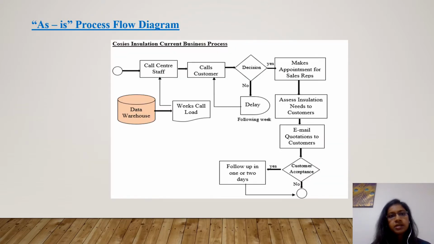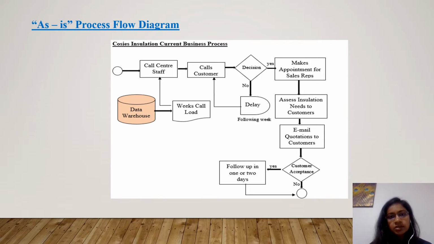And next is the as-is process flow diagram. This as-is process flow diagram shows the process that's going on in the current business, like in the CIS installation.